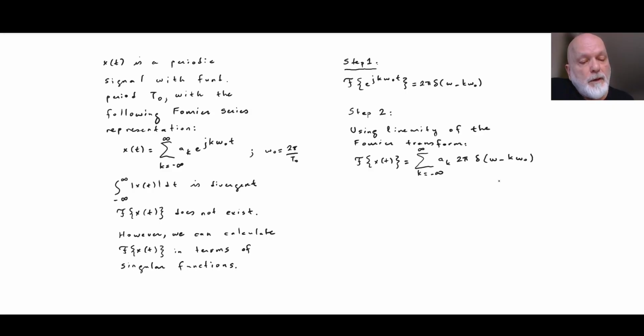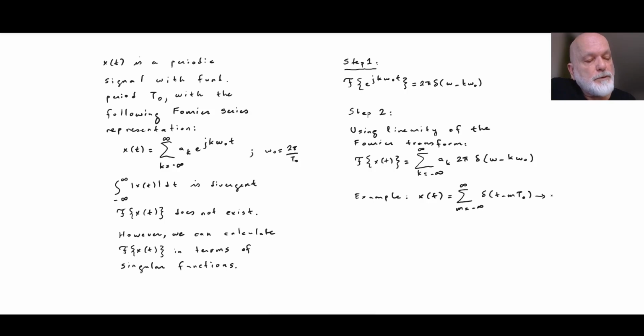So let me give an example here. x of t is the sum from minus infinity to plus infinity of delta of t minus m T0.